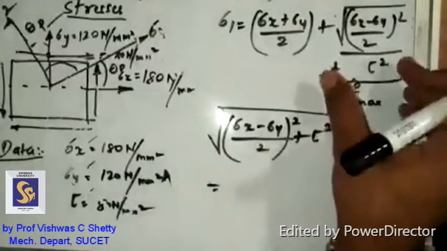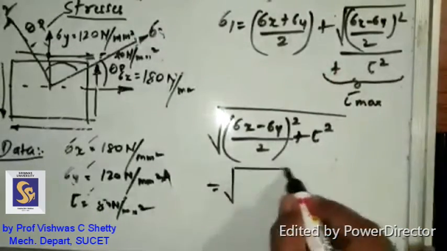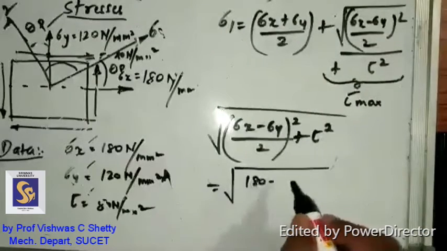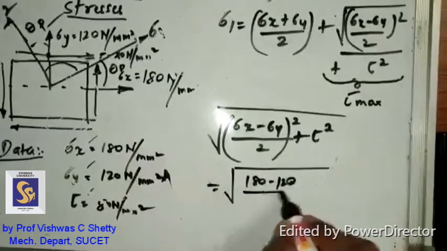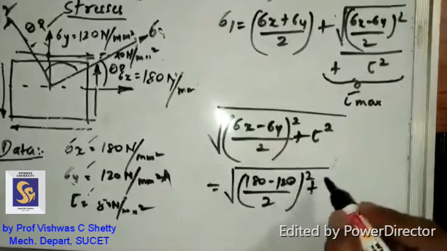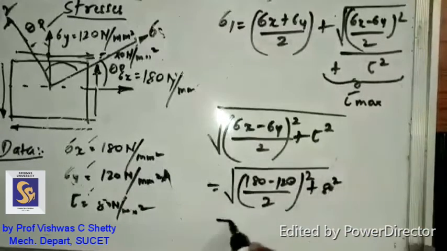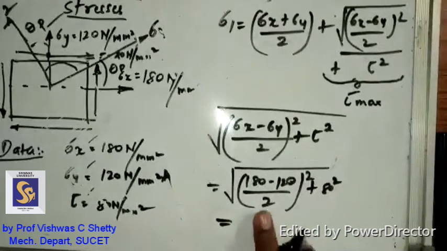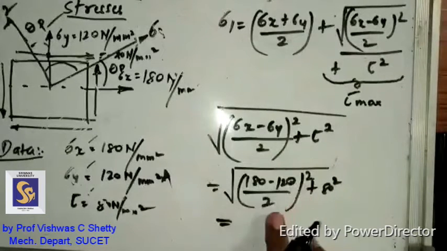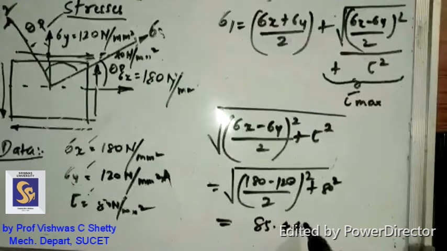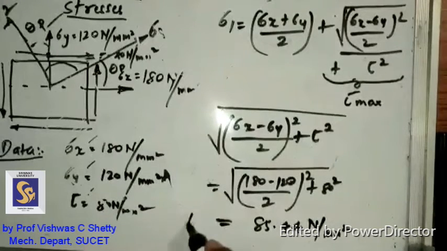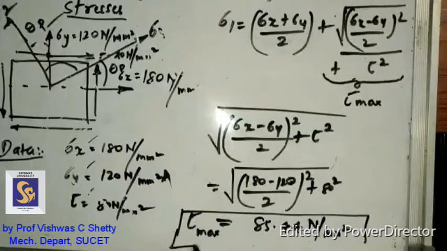Only the second part of this: sigma x minus sigma y by 2, whole square, plus tau square. What is the value? 180 minus 120 by 2. 85.4 Newton per millimeter square. So tau max is the maximum shear stress.